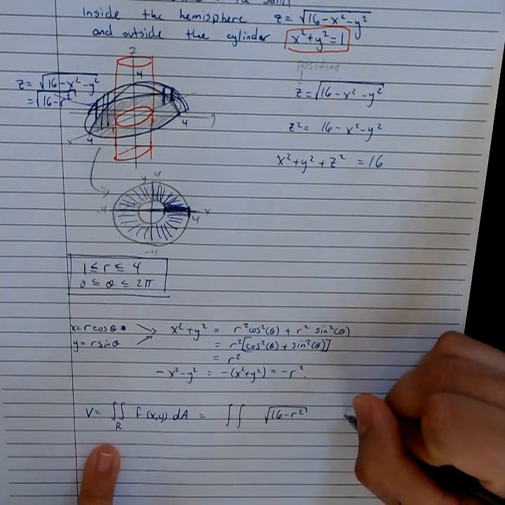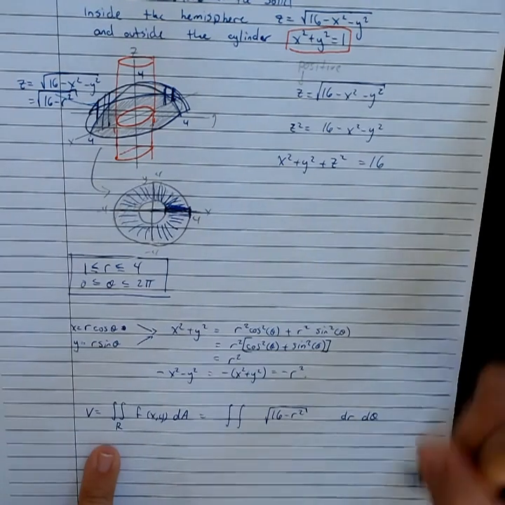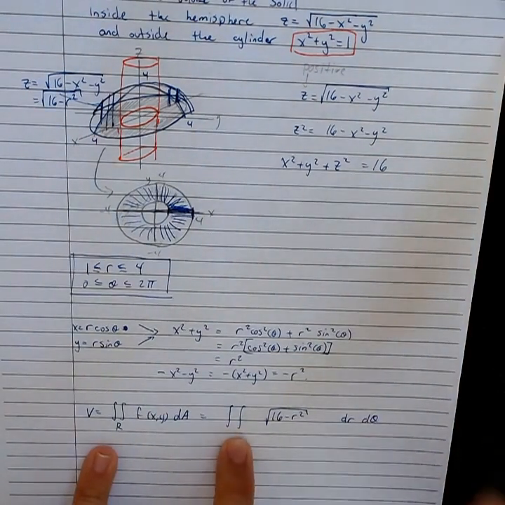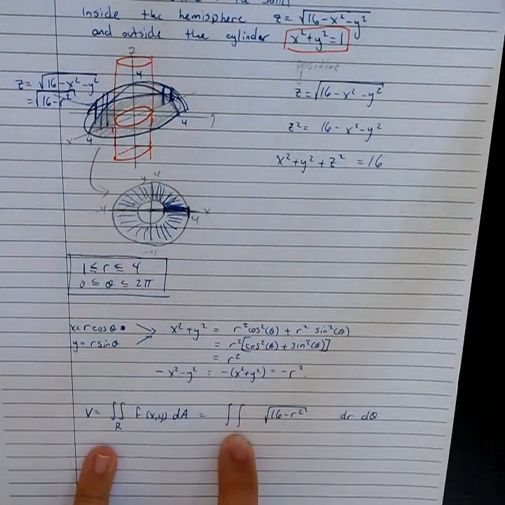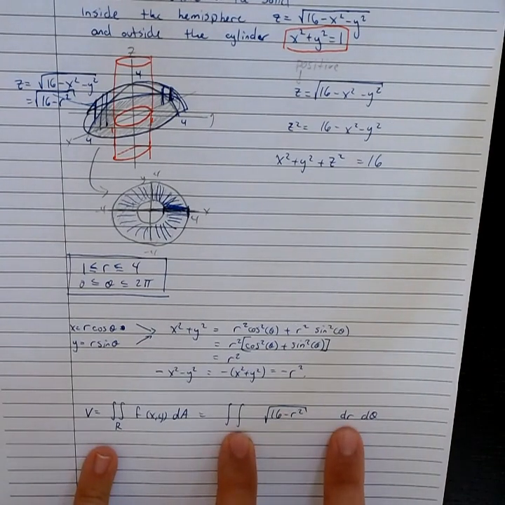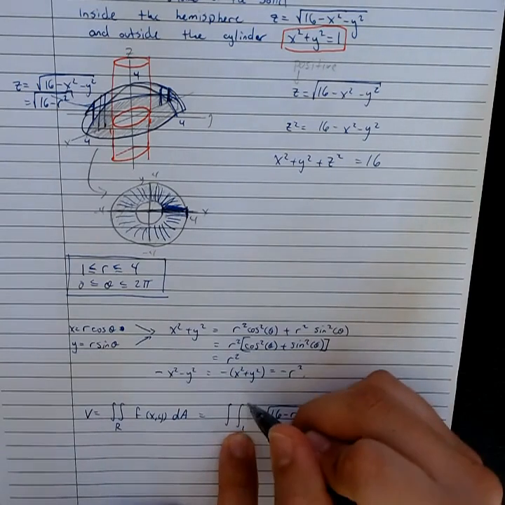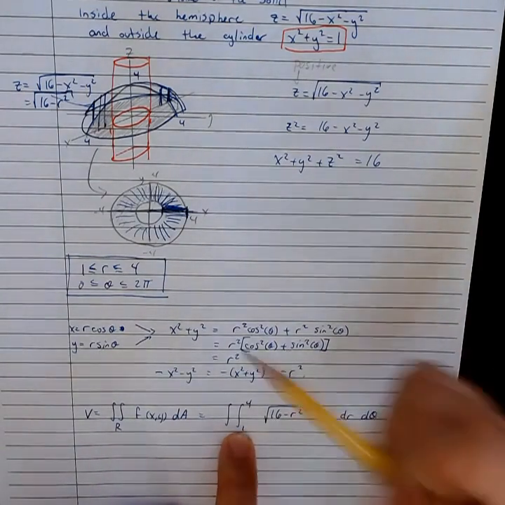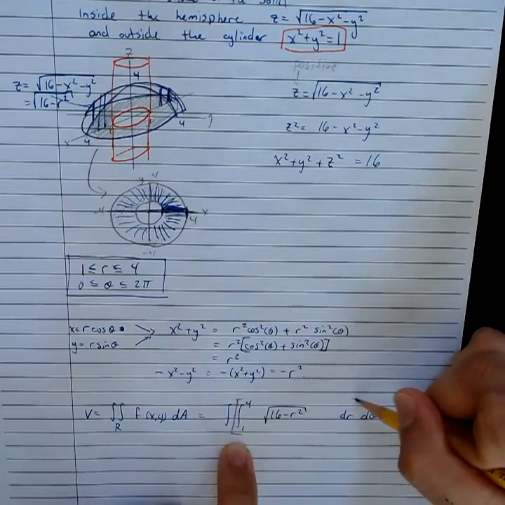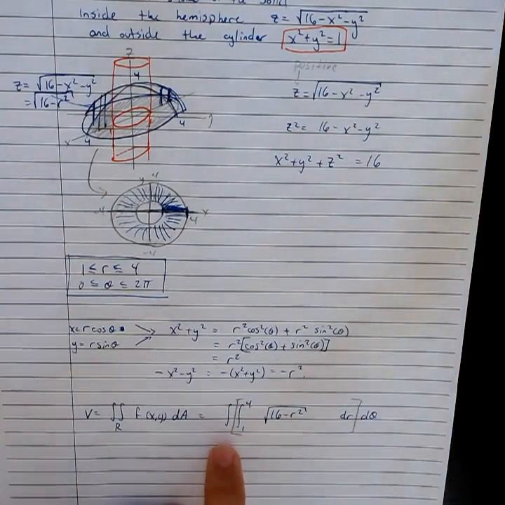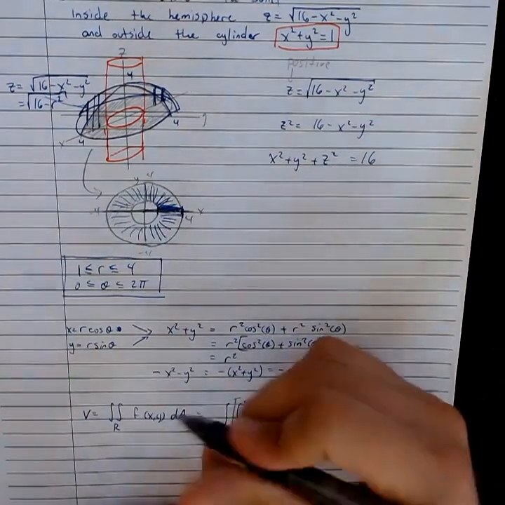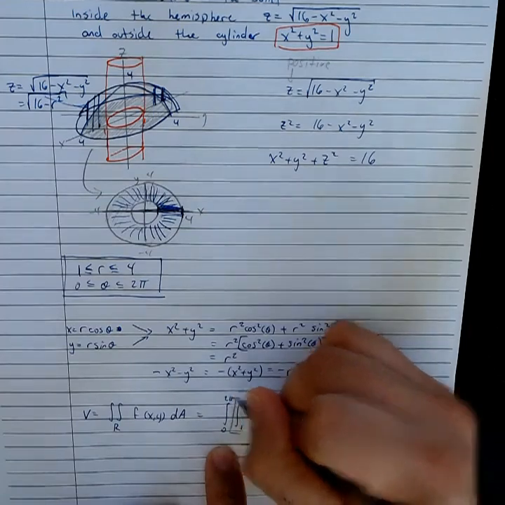We want to do this dr d theta, so make sure you put these in the right order. Here, r is bound between 1 and 4. That's going to be your first integral. And then the second integral is going to be with respect to theta, and theta is from 0 to 2 pi.